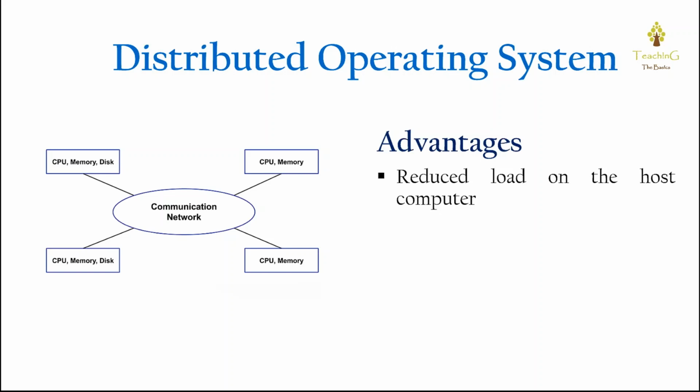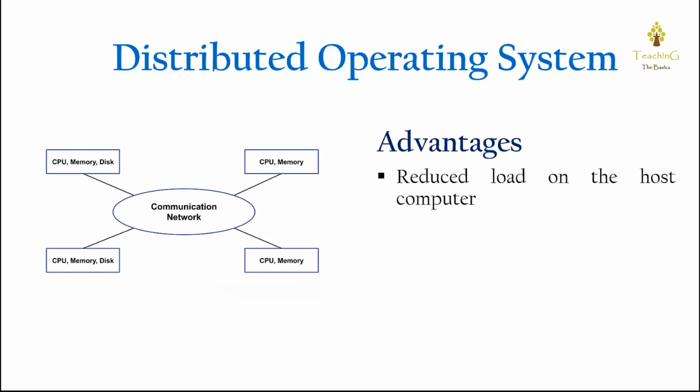So if a user wants to access a printer, it is going to access the particular node that contains the printer device, and if another user wants to access a scanner, then it is not going to go to that node that contains the printer. It's going to go to that individual node that has the scanner attached to it.